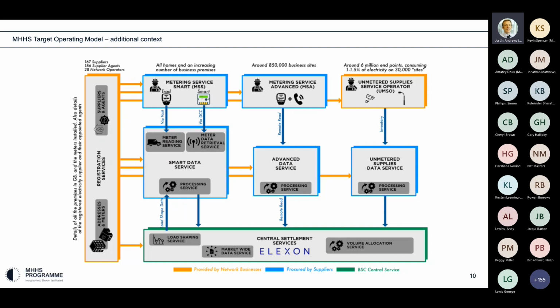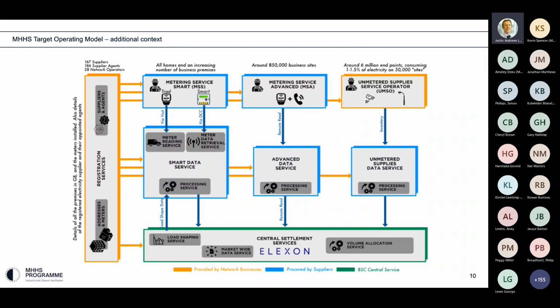And I suppose what's not shown in this diagram is you've got distribution businesses who are providing registration services. So if you think, maybe to the left-hand side of this diagram, you've got a blob there called LDSO, or licensed distribution service operators, or distribution businesses. They'll be receiving data.